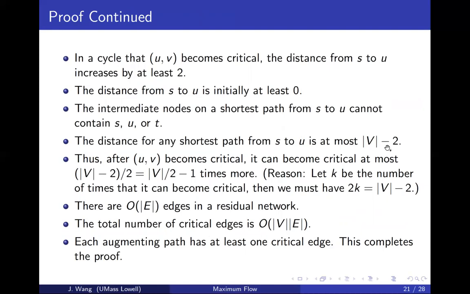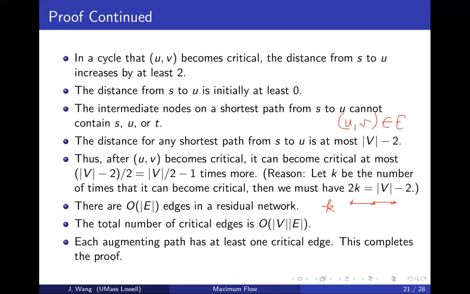Let's say the total number of times that the same edge UV can become critical is K times. Each time, the distance from S to U is at least 2 edges longer.